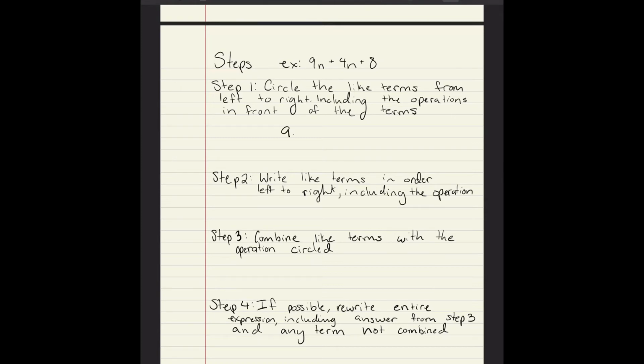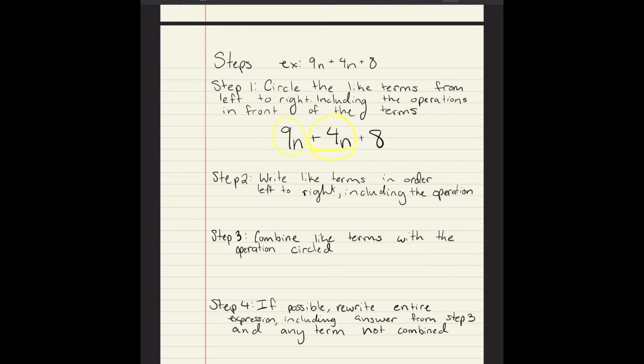So I have 9n plus 4n plus 8. I see 9n has the same variable and exponent as 4n. So I'm going to circle 4n and that addition sign. 4n and the addition sign are one package deal together.